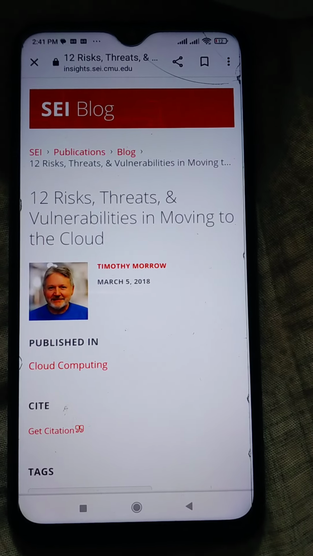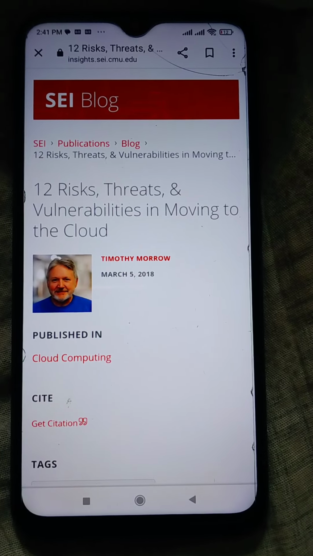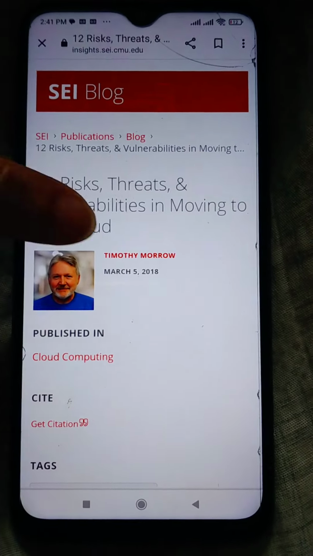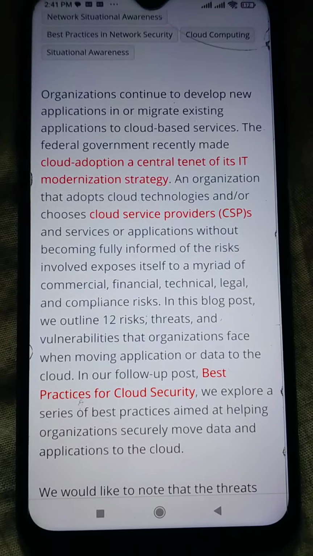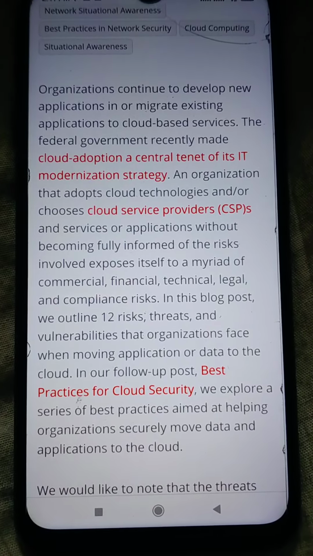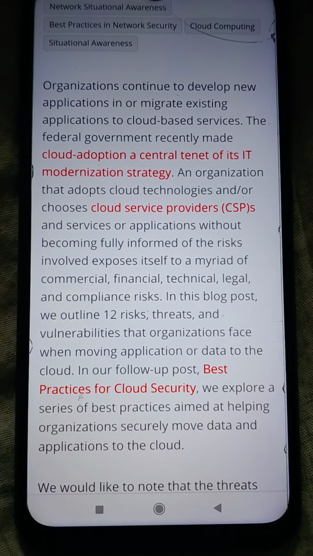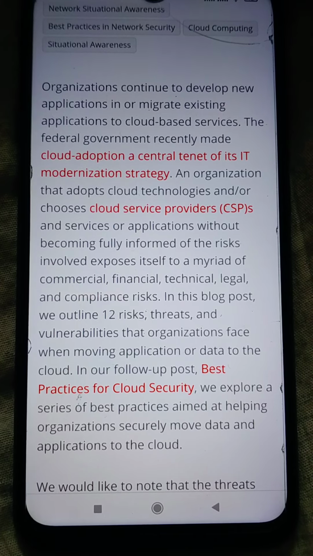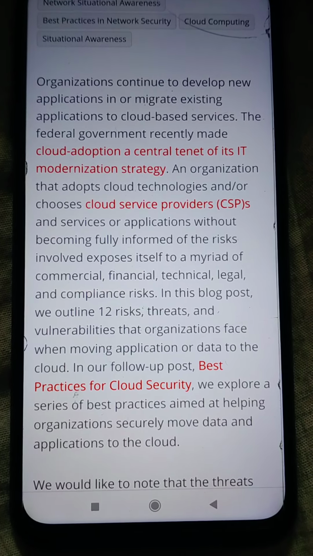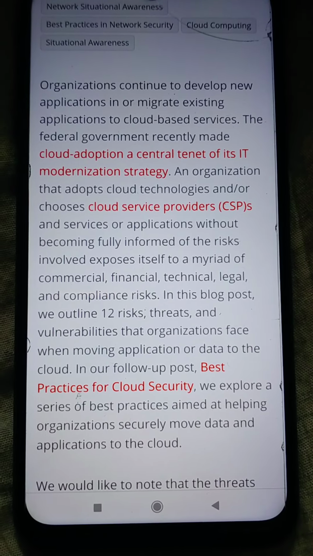Okay, the first and main heading is 12 risks, threats, and vulnerabilities in moving to the cloud. Organizations continue to develop new applications in, or migrate existing applications to, cloud-based services. The federal government recently made cloud adoption a central tenet of its IT modernization strategy.